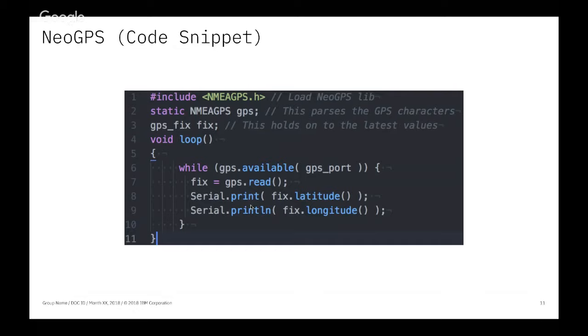The first few lines import the library and initialize variables to query the GPS data. After initialization, we can load the last received GPS values into a fix, which is basically a struct. Then we can just reference fix latitude and fix longitude to parse the data. You'll see those on lines 8 and 9.